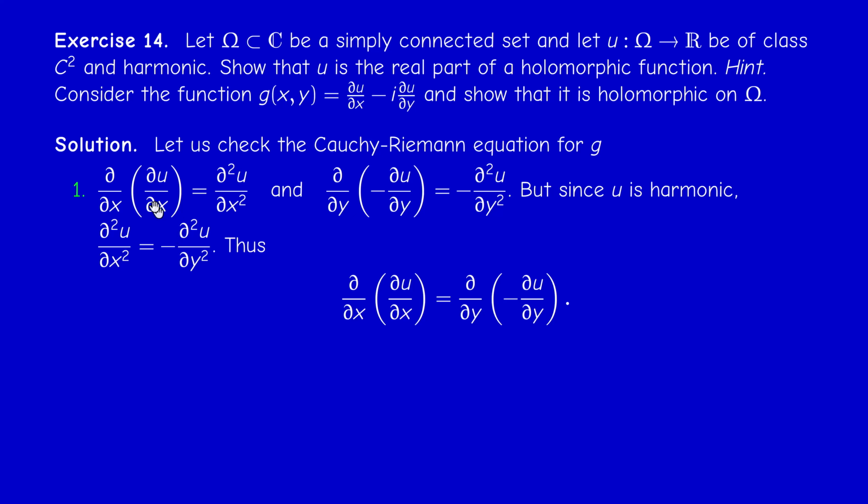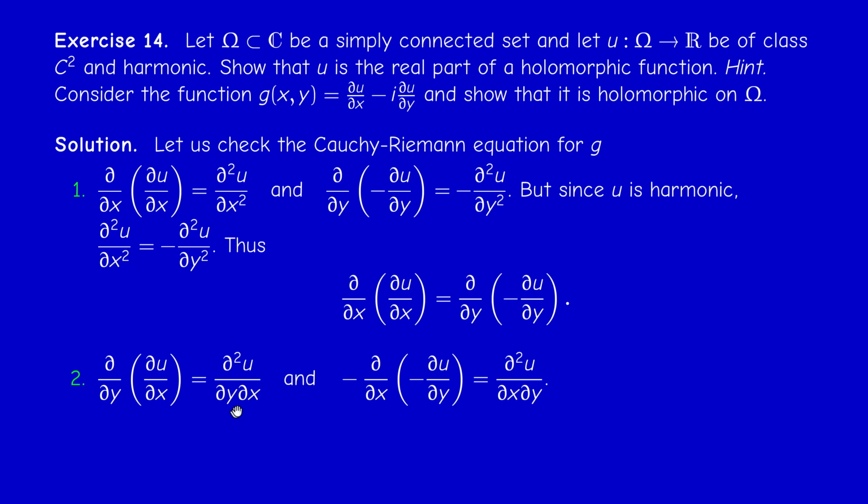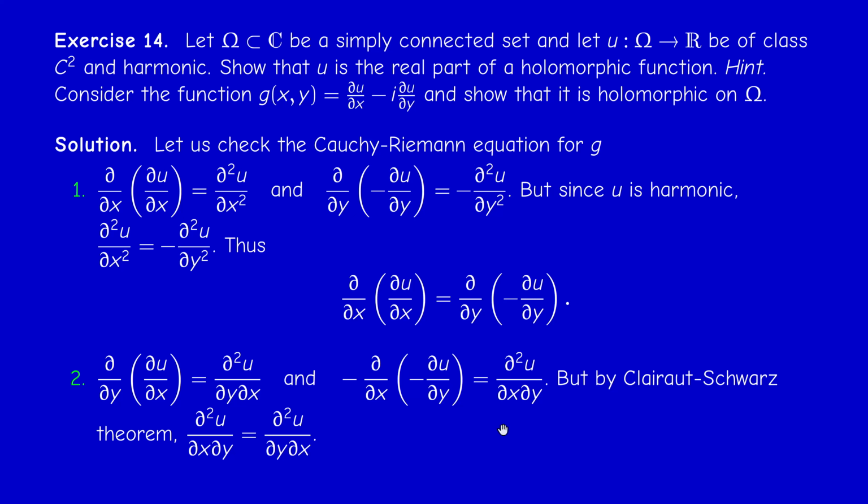Therefore, I have the first Cauchy-Riemann equation, for the real part. For the imaginary part, it is the same thing. Therefore, we have a complex function of two real variables whose real and imaginary parts are differentiable and satisfy Cauchy-Riemann. Therefore, g is holomorphic.